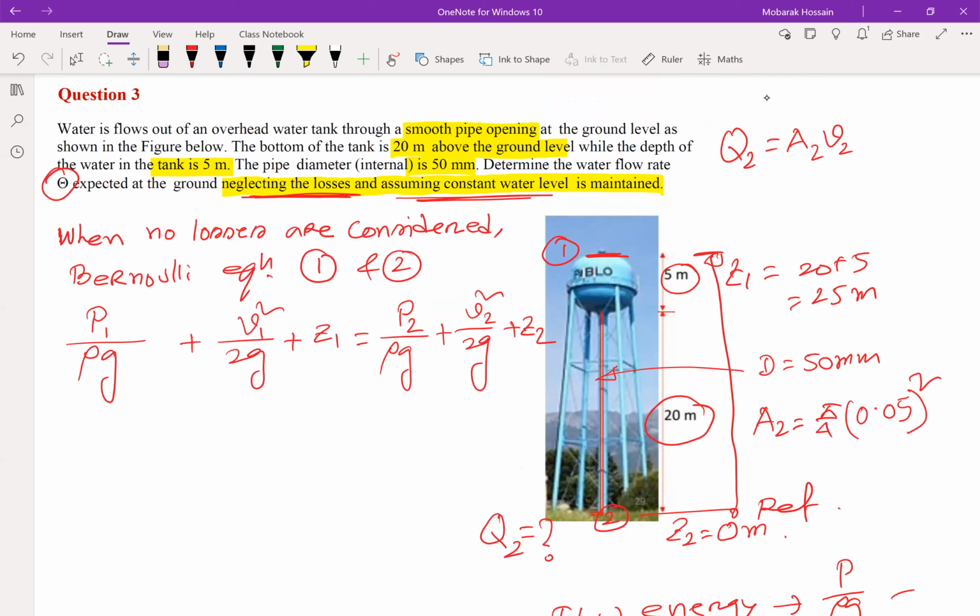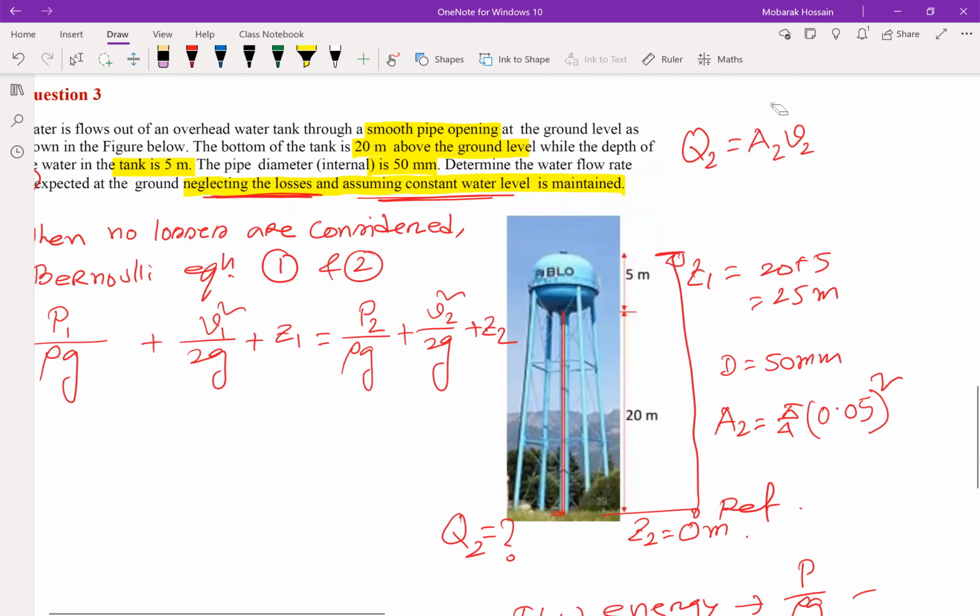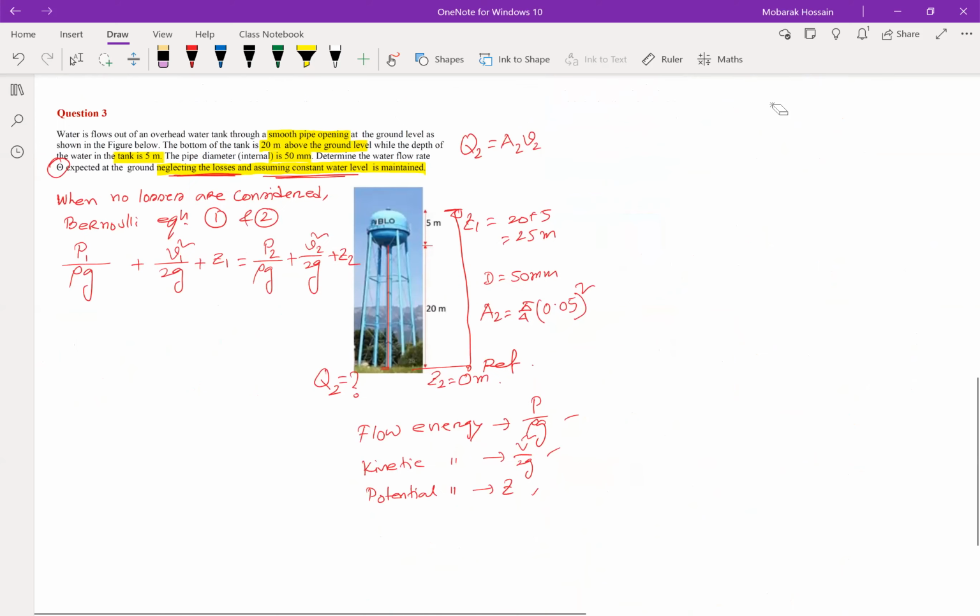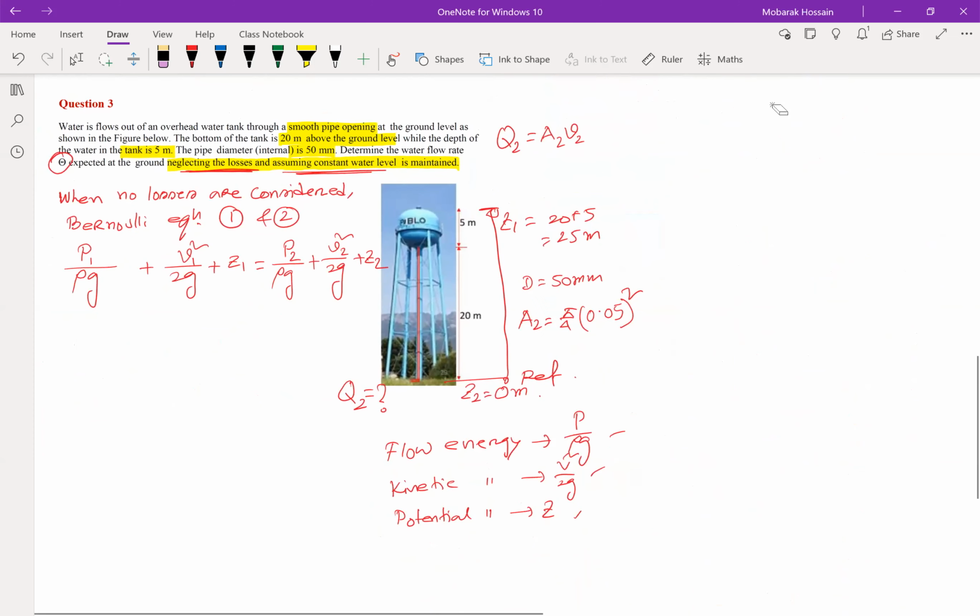Now above the tank, how much will the pressure be? If I draw the cross-section view of this tank, this one is the tank, and they maintain the water level up to the top. Say your free surface is here.